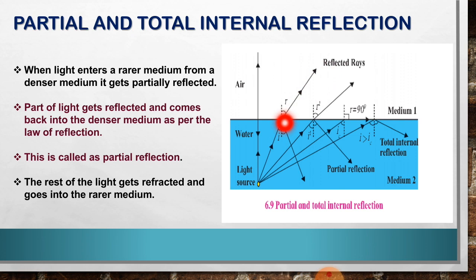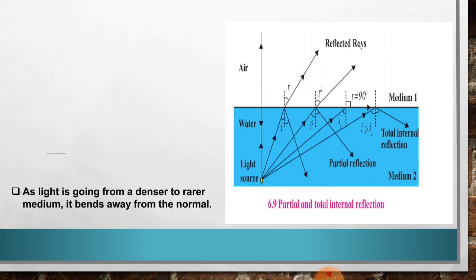So when half the light gets reflected in the same medium and half gets refracted into the different medium, that is the rarer medium, it is called a partial reflection. Okay, I hope you all are clear with this.